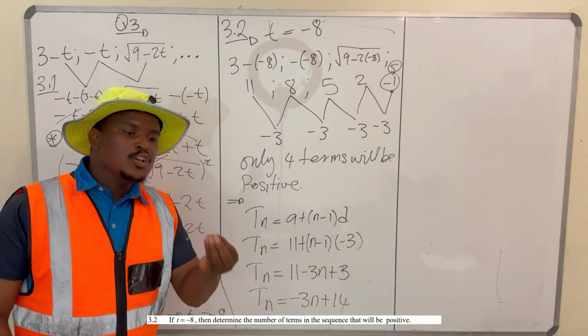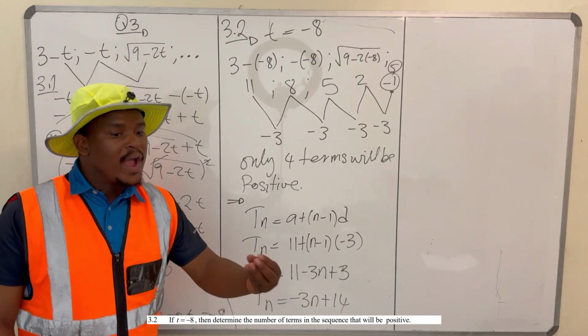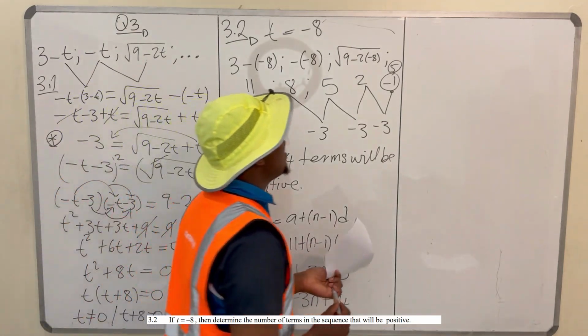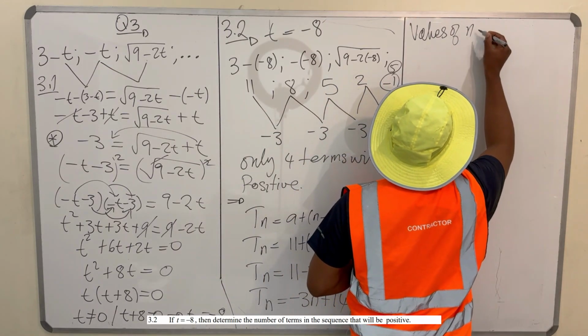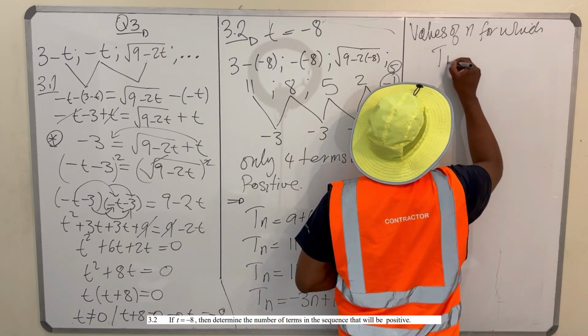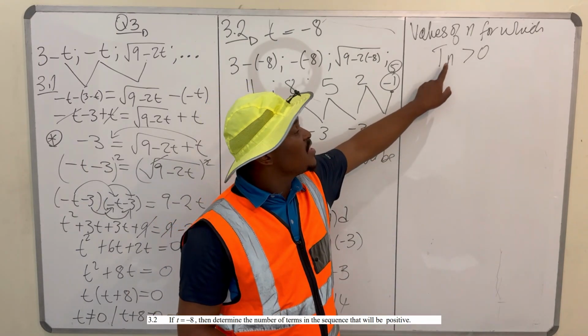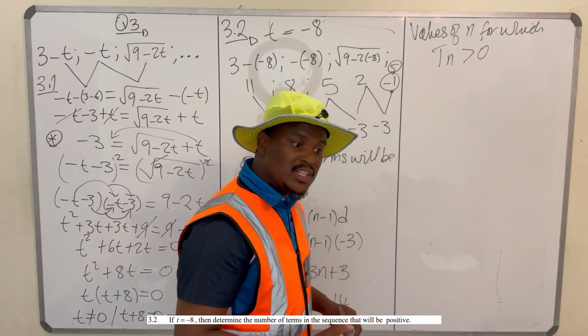You want the values of n for which your Tn is greater than 0. That's where your sequence is positive. So you want the values of n for which the terms of the sequence are positive.